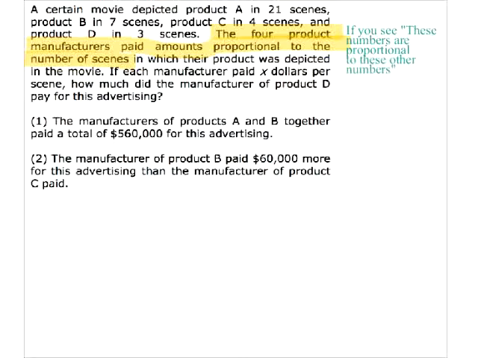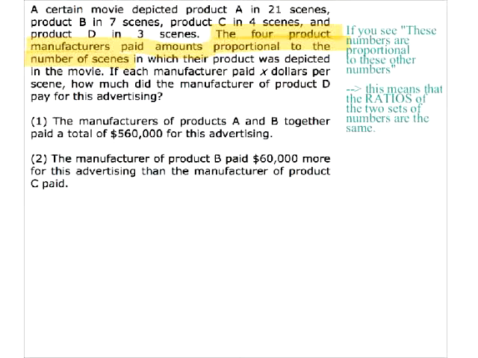Yeah, you could do a ratio of products to scenes, but what's easier to think about is what Miriam is saying. The payments are in the same ratios as the scenes. If these numbers are proportional to these other numbers, then this means that the ratios of the 2 sets of numbers are the same.